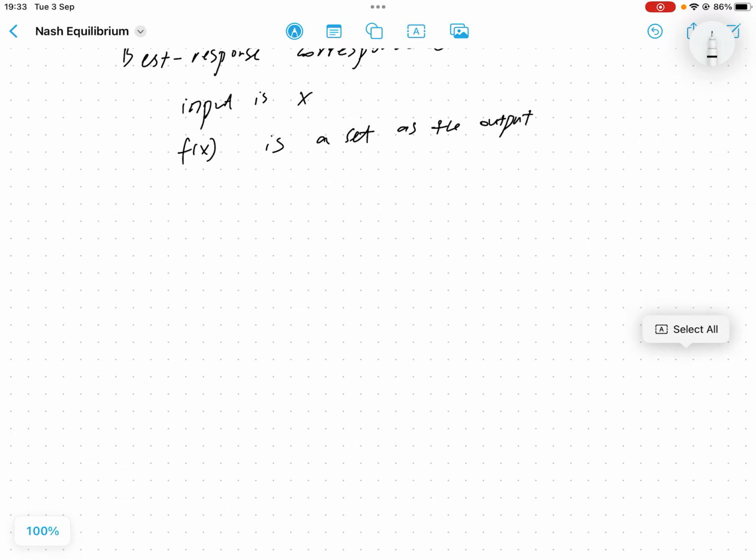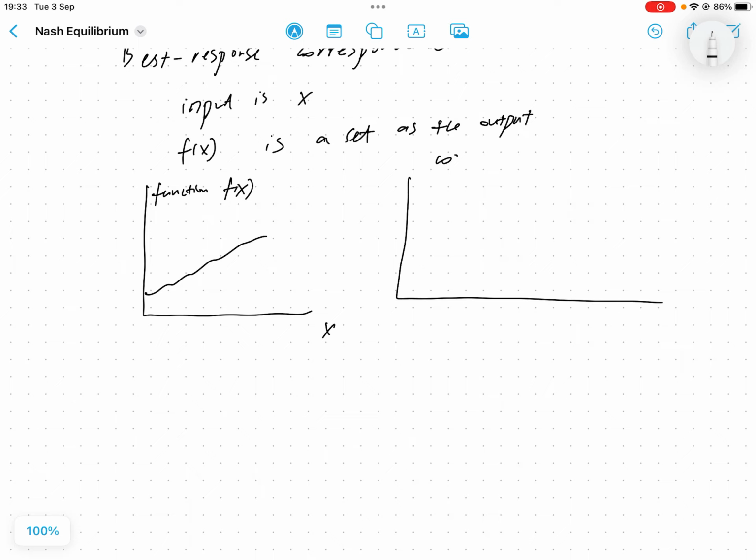So if this is a function f(x), then we can have something like this, right? But if this is a correspondence, then it would be a set.